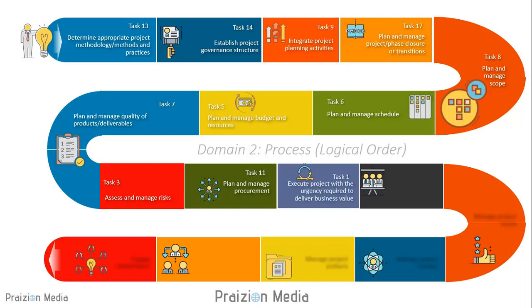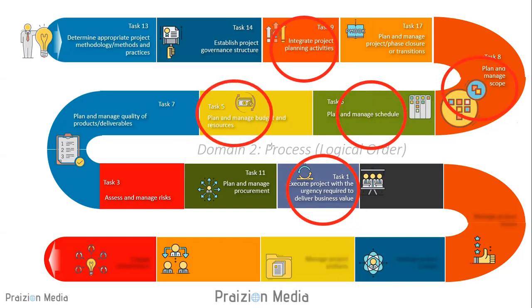Execute the project with the urgency required to deliver business value. Now, you see that in this one, we have deliberately put task 1 all the way down here. Why? Because you cannot execute a project with urgency without having an integrated plan, without going through the planning of the most relevant knowledge areas: scope, schedule, cost, quality, risks, procurements.